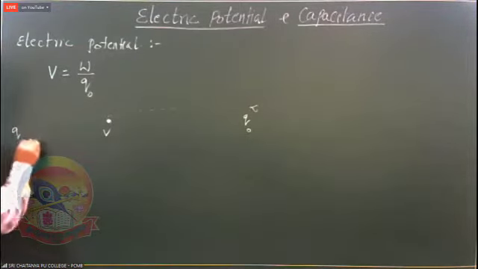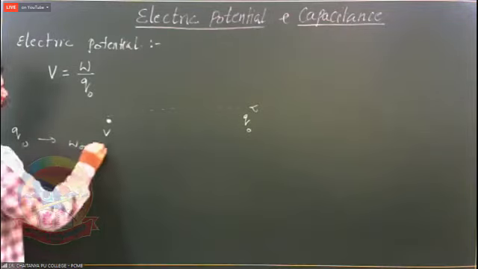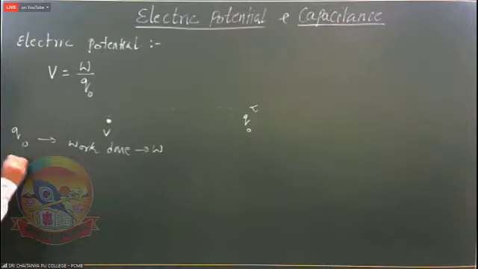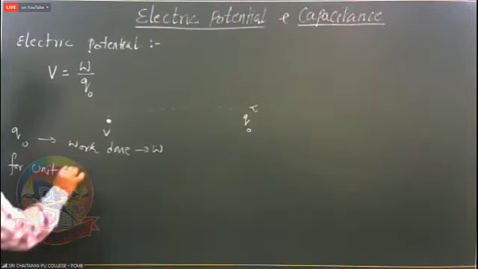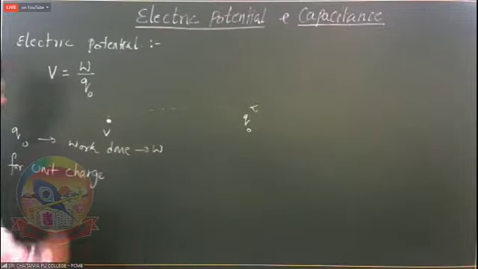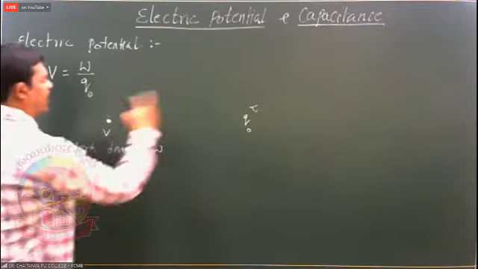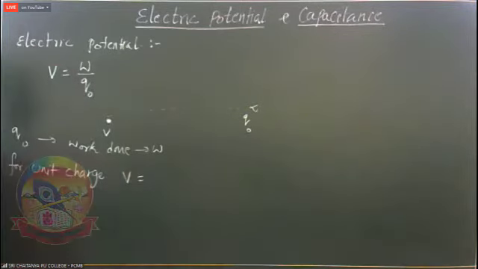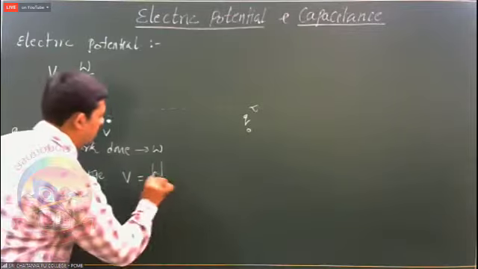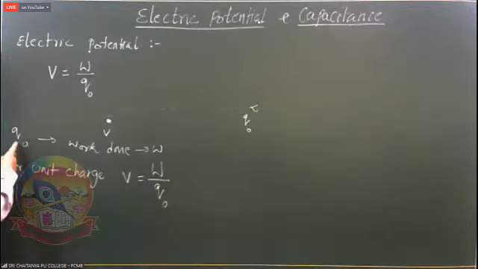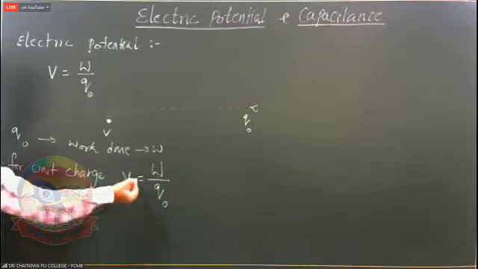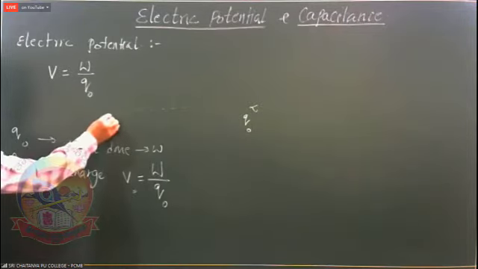To bring charge Q naught, the work done is W. For unit charge, to bring from infinity to this point in the field, the work done according to the definition is V. For charge Q naught, W is the work done. For unit charge, what is the work done? W by Q naught. This is considered as the potential at this point.